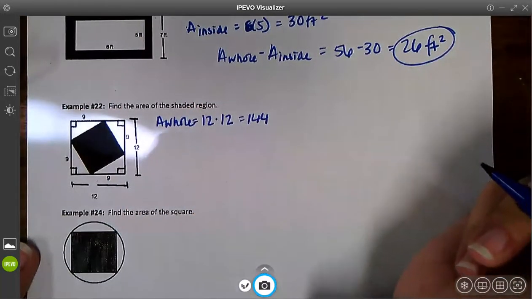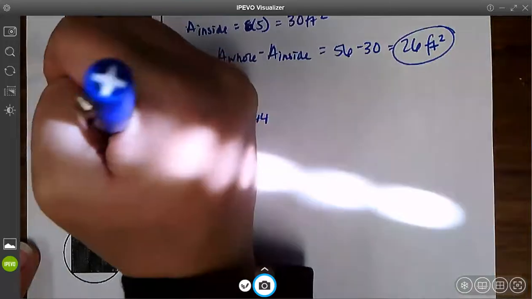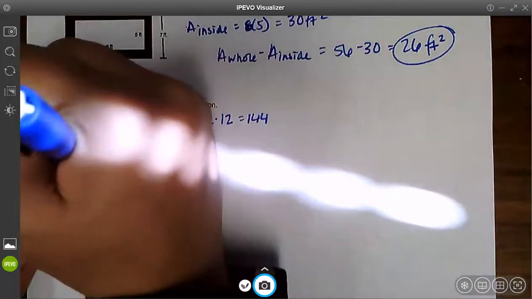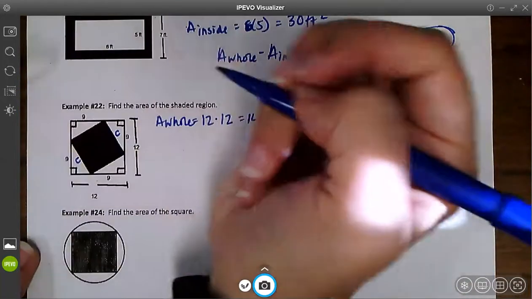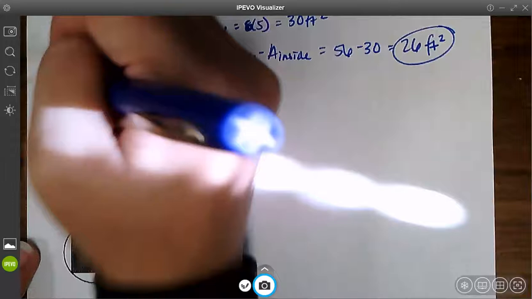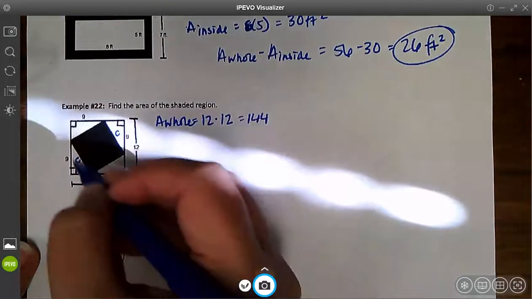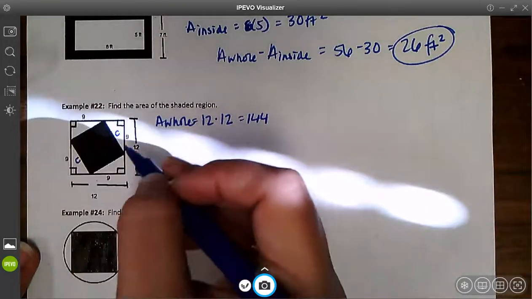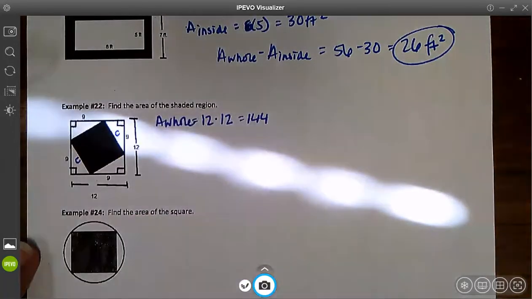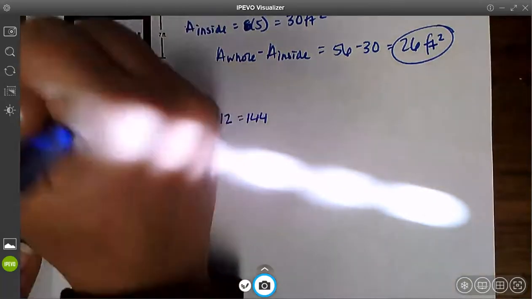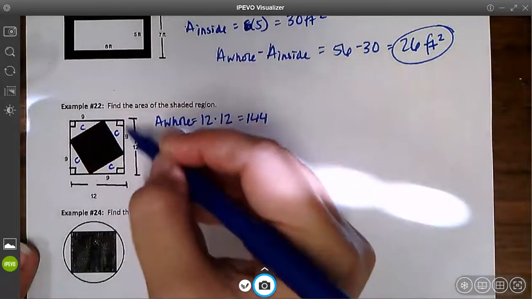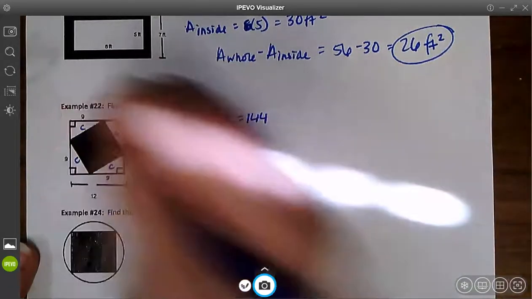Or what I can do is find a side here, each of these sides, and we know that they're the same because this is a square, so this one that's turned is going to also be a square. Since the whole thing is 12 and this piece is 9, that makes the smaller piece 3.